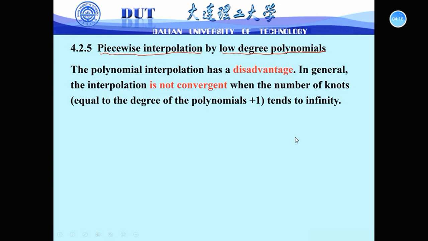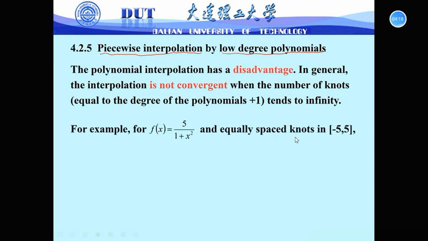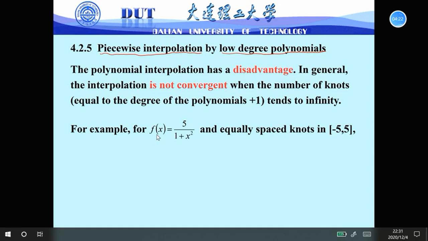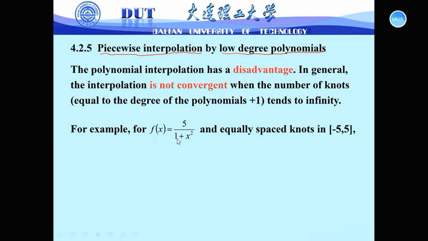I show you an example. Consider the target function f(x) equal to 5 divided by 1 plus x squared, and we use equally spaced nodes in the interval from -5 to 5.